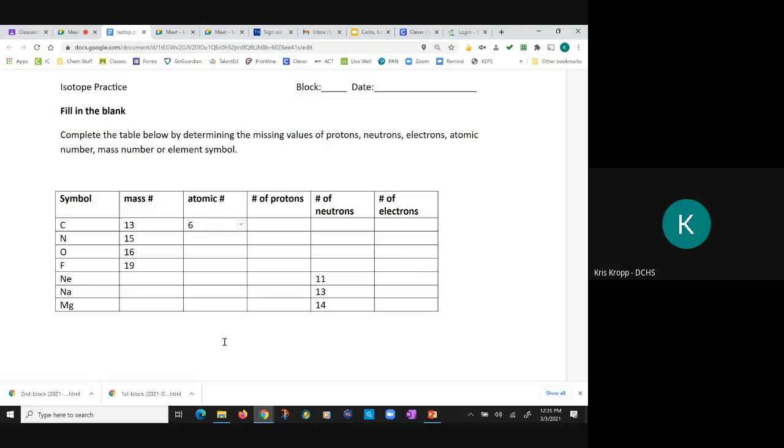Now, once I know the atomic number, what else is that going to help me with? What did we determine today that the atomic number tells us? Protons. That's right. Good job, Audrey. Well done. So if I know the atomic number is 6, I also know that the number of protons is 6. Is there anything else I can glean from knowing the atomic number and the number of protons?